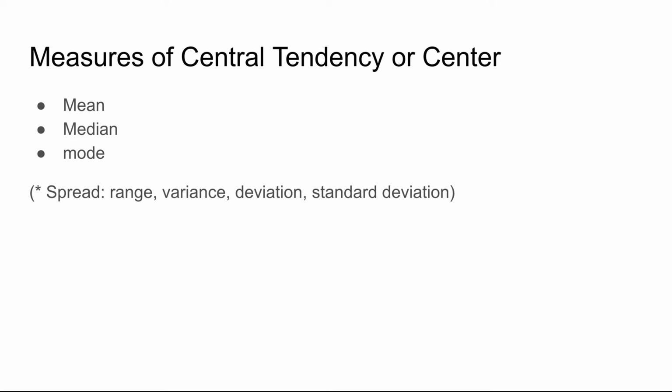Of course, there are mean, median, and mode. In contrast to the center, we're going to talk about spread. Spread includes range, variance, deviation, and standard deviation. So after we talk about central tendency, we're going to move to spread.